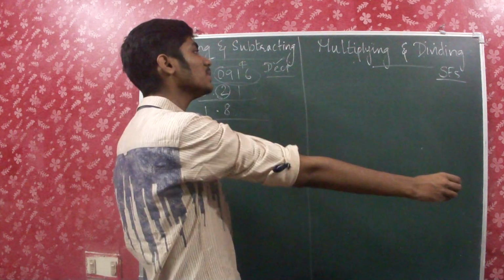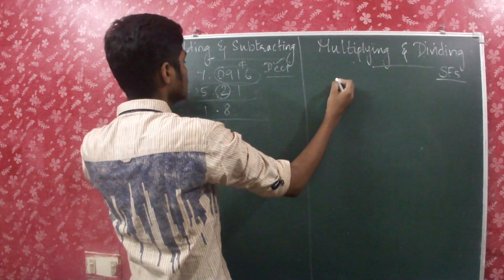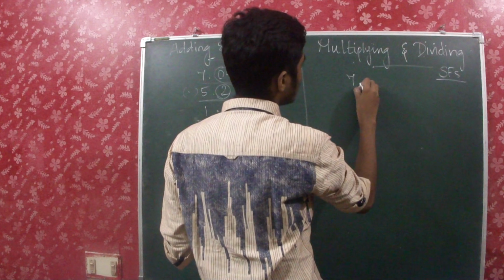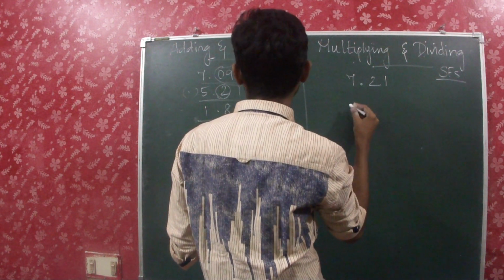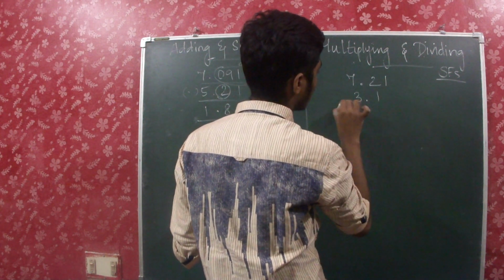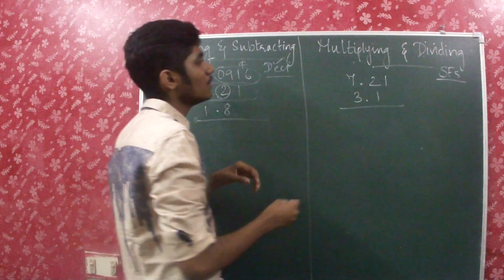Now moving on to multiplying and dividing. Let me do it with 7.21 and 3.1. So how do we do this?